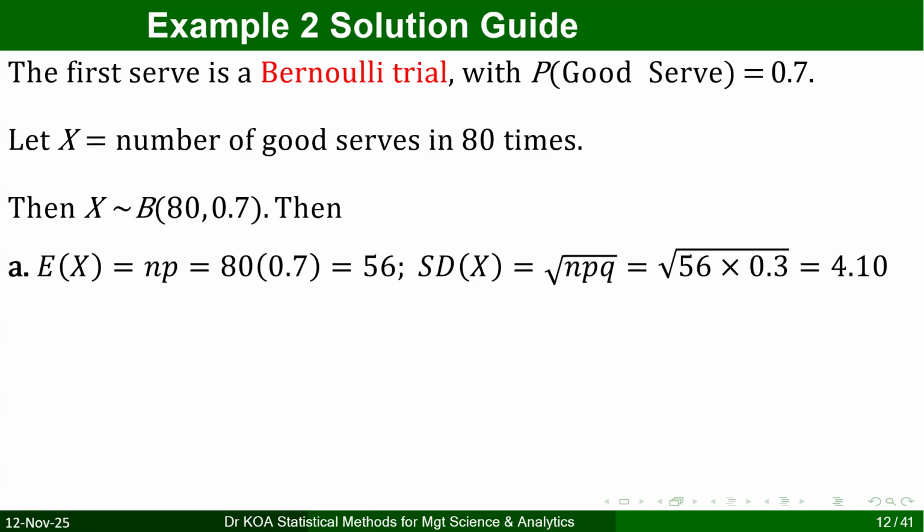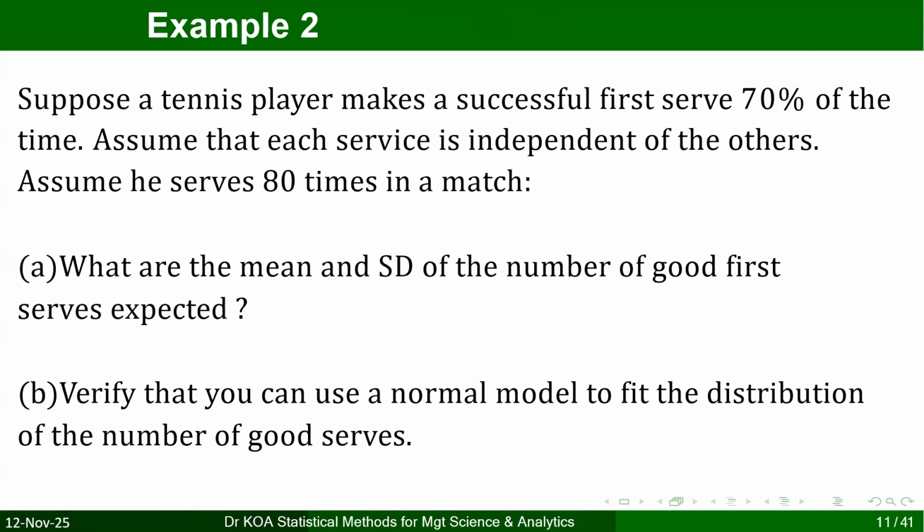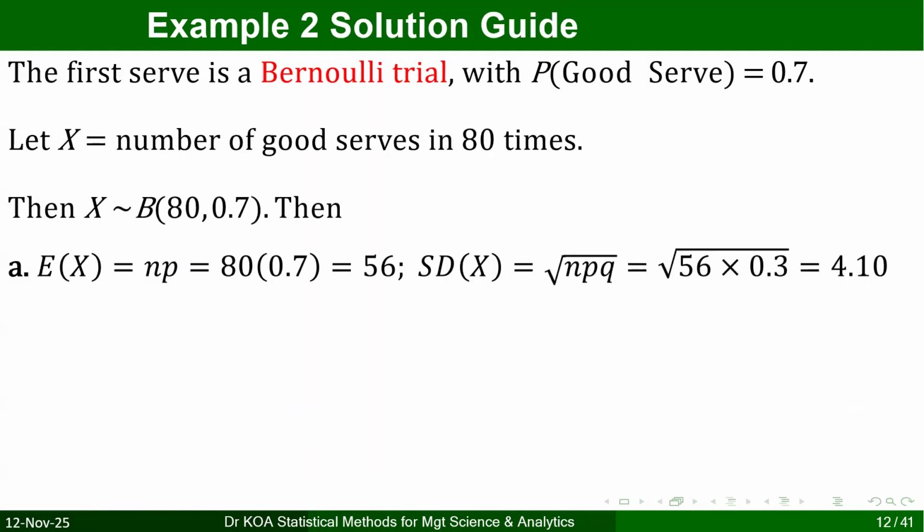Then the standard deviation, because the question says find the standard deviation. As you know, the standard deviation is just the square root of the variance, npq. That means you have 56 times 0.3, and that will give you 4.1.